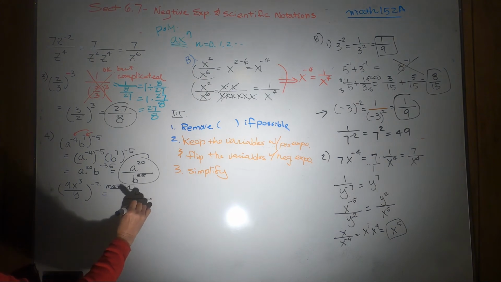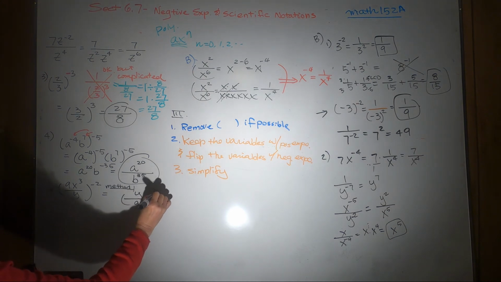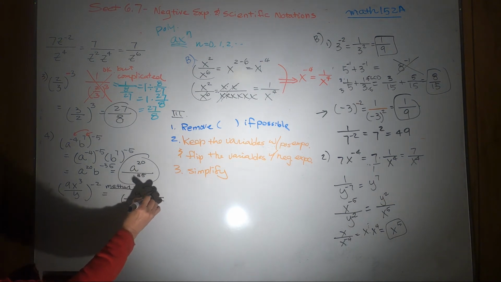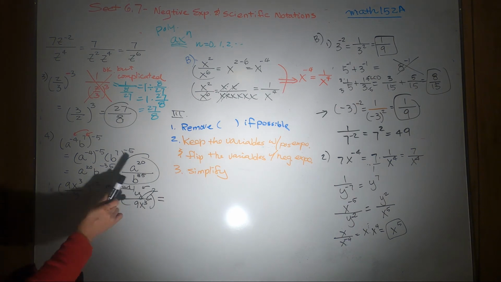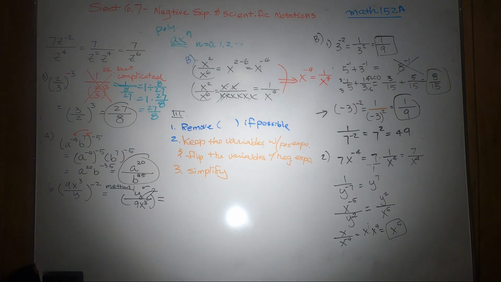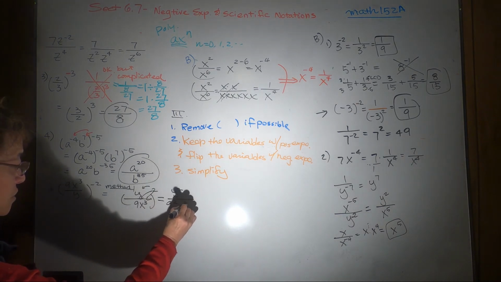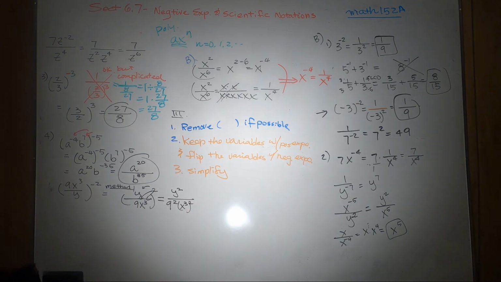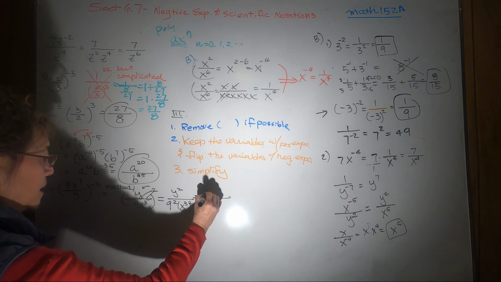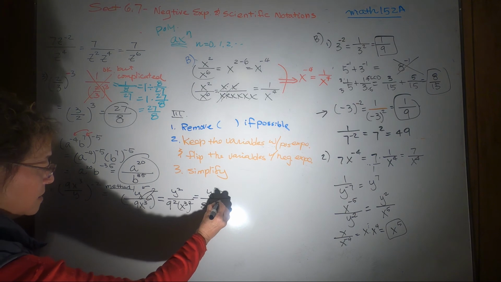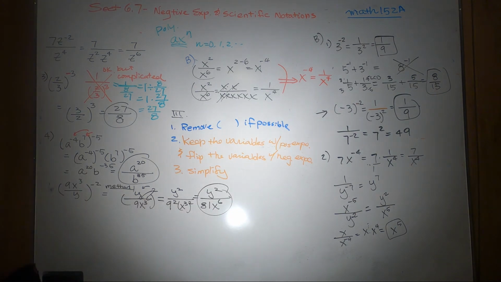It becomes y over 9x cubed to the 2nd power, right? Then you distribute to everything inside, 3 things inside. You need to apply 2 to all of them. That will be y squared over 9 squared times x cubed to the square, right? Then we clean up: y squared over 81, and x cubed to the 2nd would be x to the 6. That's how we simplify them, right?